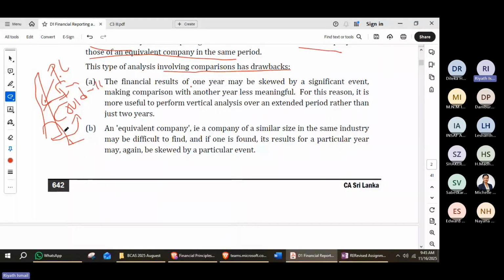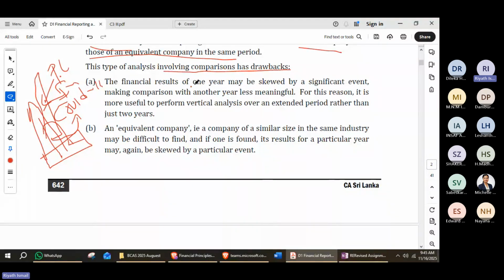For example, technology: mobile phones, laptops, things that communicate, internet charges, routers. Those things performed highly, right? Other sectors went down. So some extreme events may give skewed results.